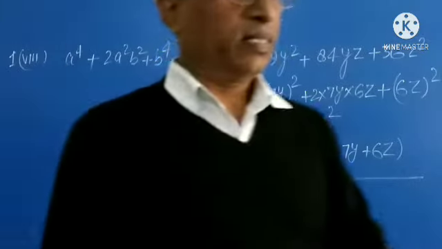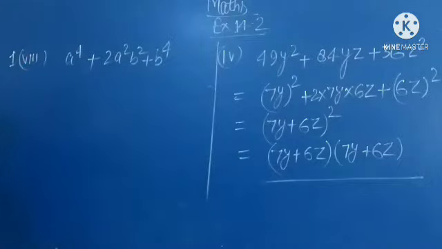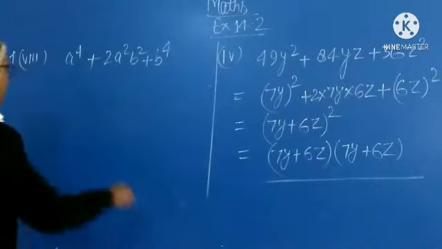You factorize this expression. First of all, you write this in the form of a square plus 2ab plus b square.